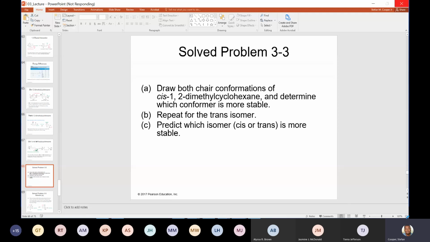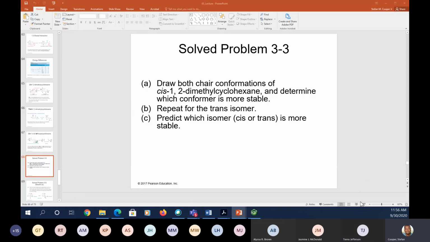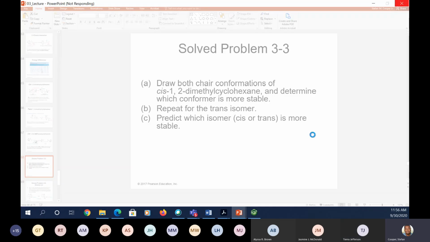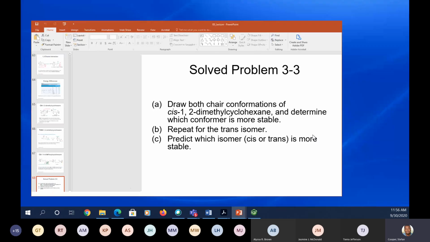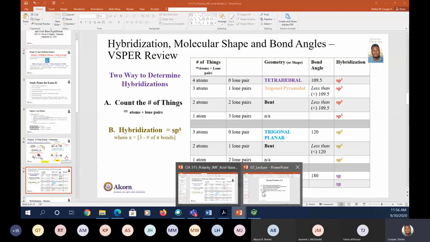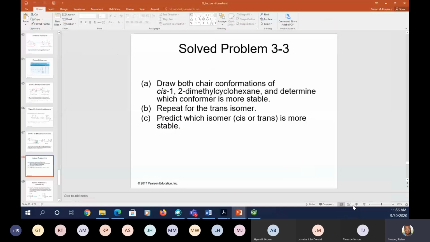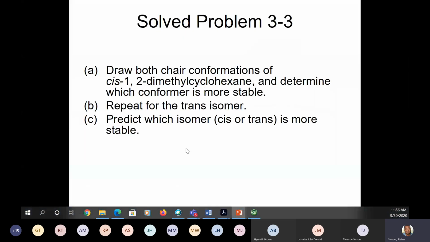Oh boy. Just play this for me, please. Sorry, that's a different class. All right, if this works, we'll try to get it to work. Okay, good. Hopefully you guys can see my screen.